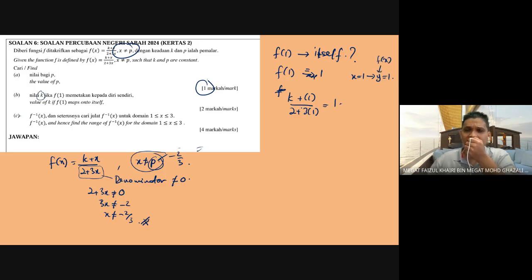So substitute x with 1. Then k plus 1 over 2 plus 3 times 1; 3 times 1 equals 3, 3 plus 2 equals 5. So k plus 1 over 5 equals 1, and k plus 1 equals 5. Then k equals 4.